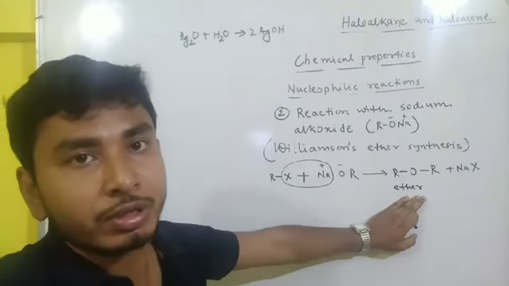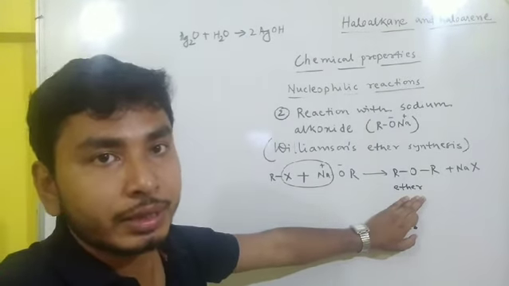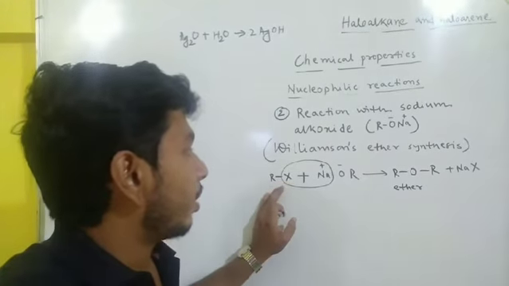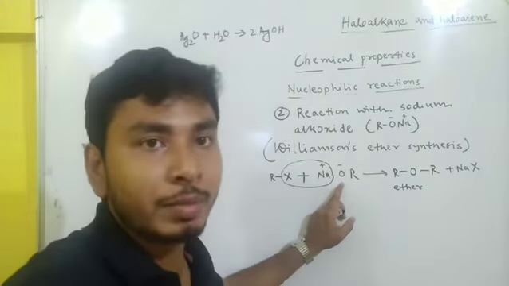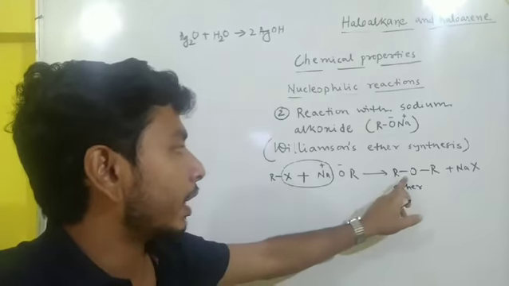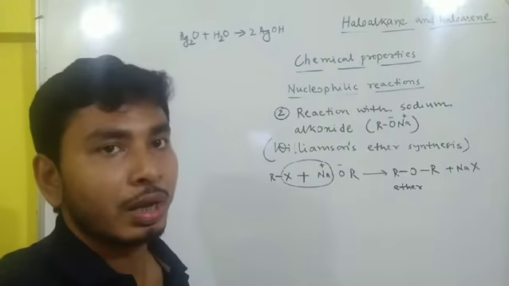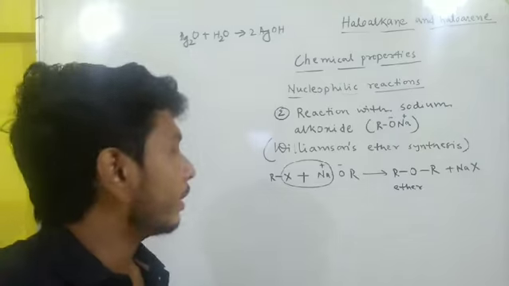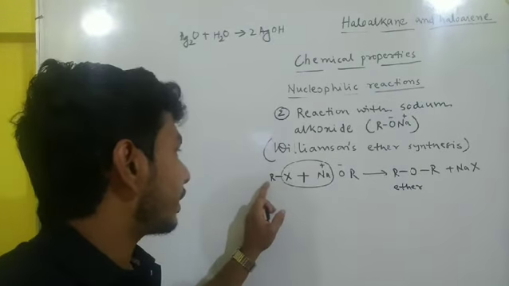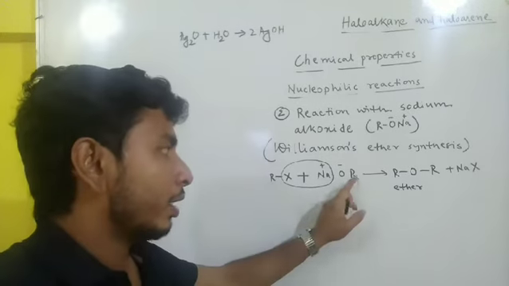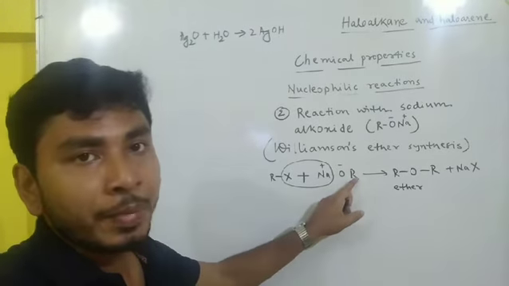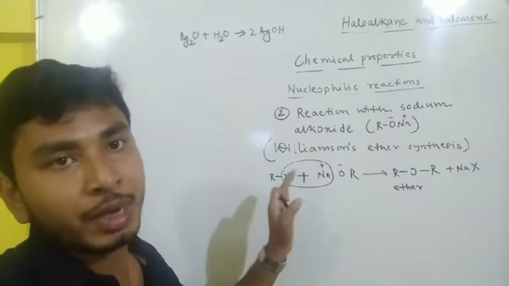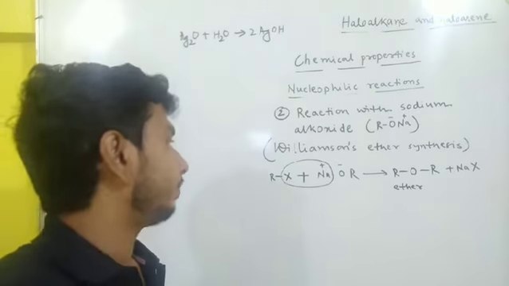Here R is an alkyl group, and the other R is also an alkyl group. These two alkyl groups may be similar or dissimilar.